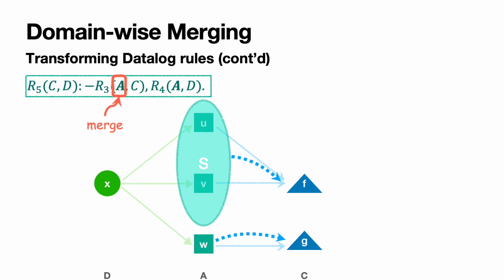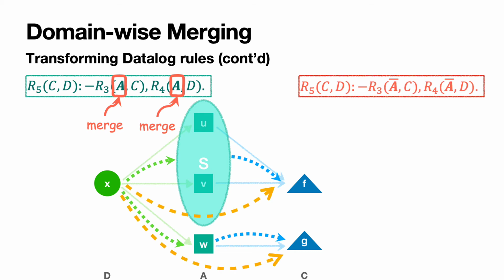This merging should have been performed in previous rules which derive R3. Then there are two subcases. If the first domain of R4 is also the sensitivity domain to be merged, the same merging should have been performed on it as well. Both joining domains are lifted to abstract domains, so we make no syntactical change to it.